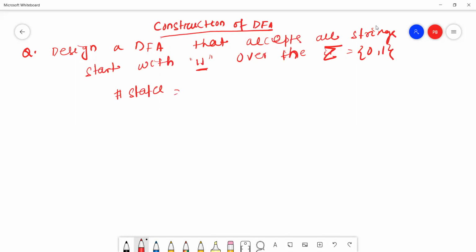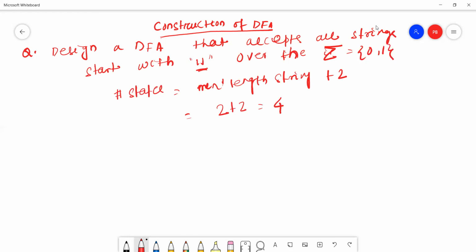For the number of states, for strings that start with something, the number of states is always the minimum length string plus 2. The minimum length string here is 2, plus 2 means 4. The number of states will be equal to 4.